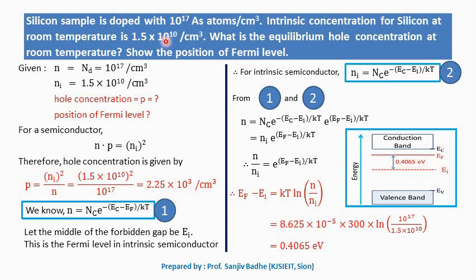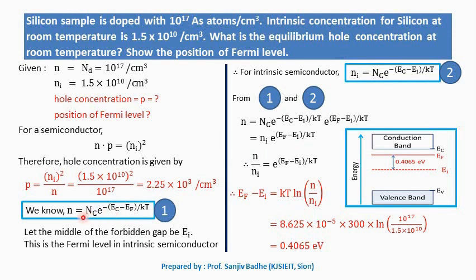Now position of the Fermi level in this problem will be shown with respect to this center of the forbidden gap. Now for intrinsic semiconductor, we can write the electron concentration to be equal to ni, that is equal to Nc e raised to minus Ec minus Ei upon kT. Here Ef is replaced by Ei because in intrinsic semiconductor Fermi level can be written as Ei. Now in this equation 1, we can add and subtract Ei here.